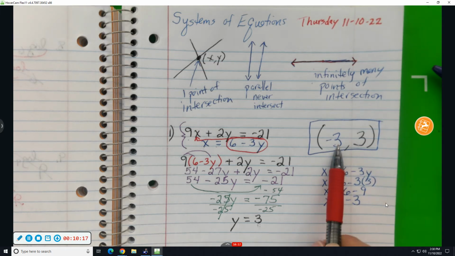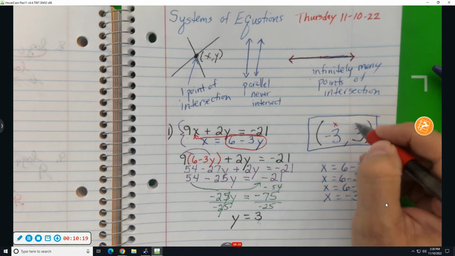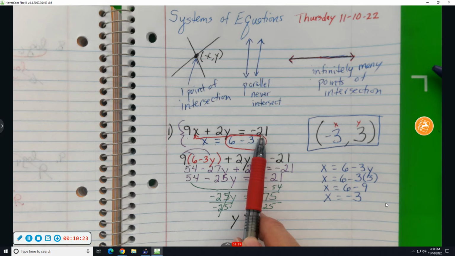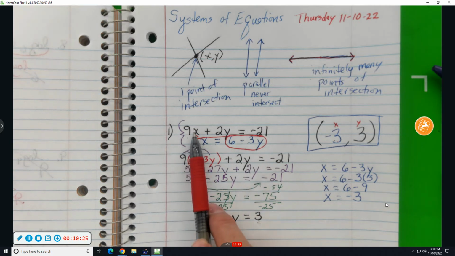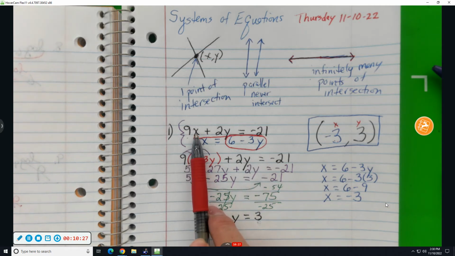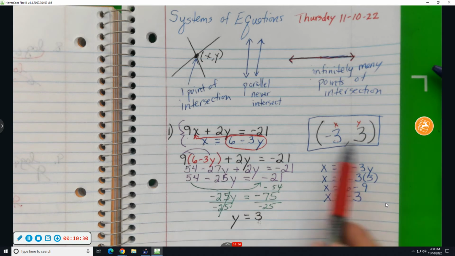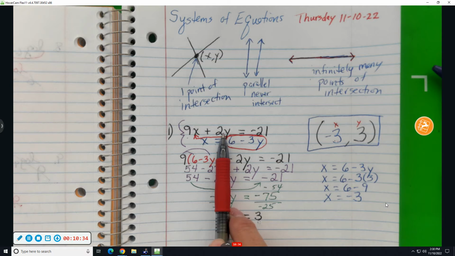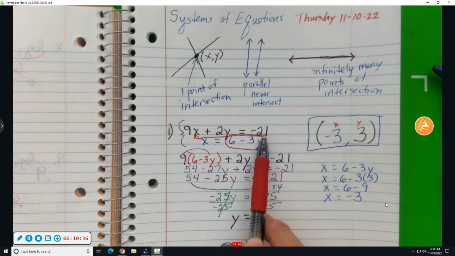If you take this for X and this for Y, if you plug it in up here, you better get negative 21. 9 times negative 3 is negative 27. 2 times 3 is 6. Negative 27 plus 6, is that giving me negative 21? Yes.